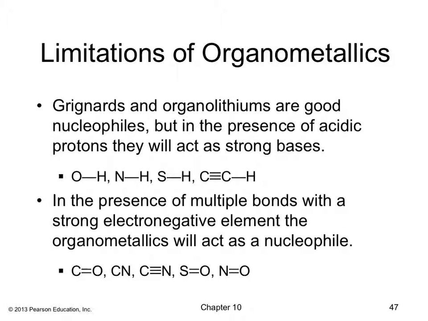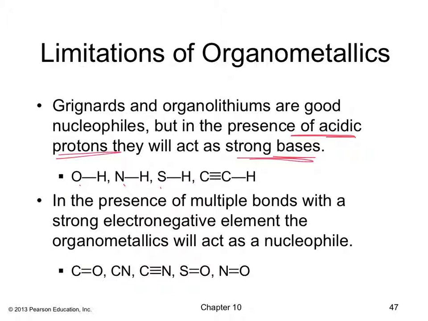There are limitations of using organometallics. Grignards and organolithiums are good nucleophiles, but in the presence of acidic protons, this is important, they will act as strong bases. So shown here, any acidic proton that you see, instead of adding as a nucleophile, they're going to serve as a base and deprotonate.